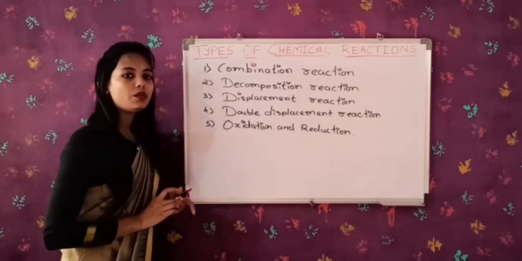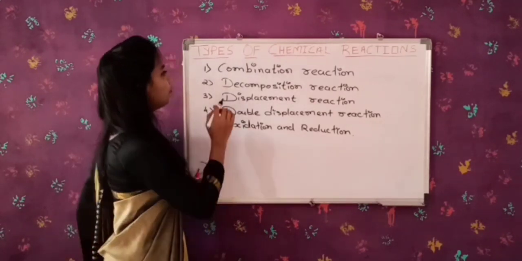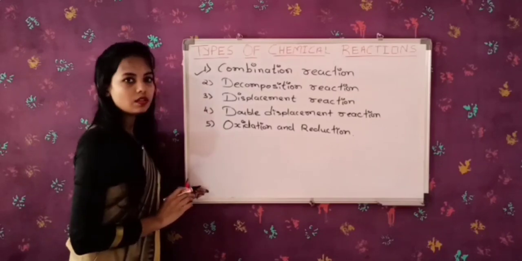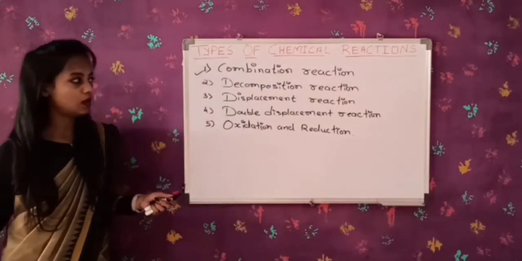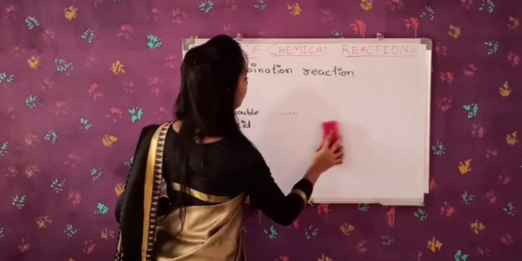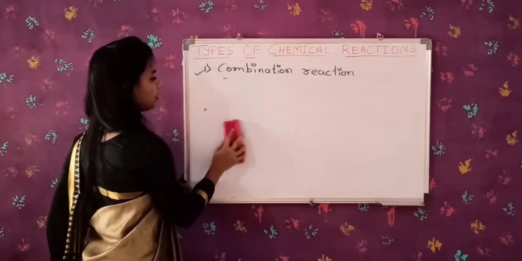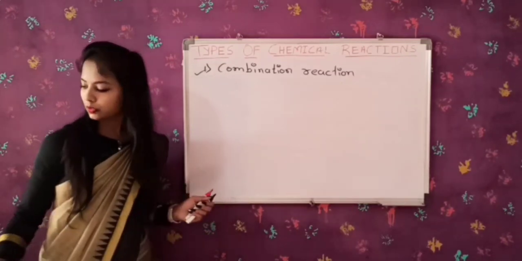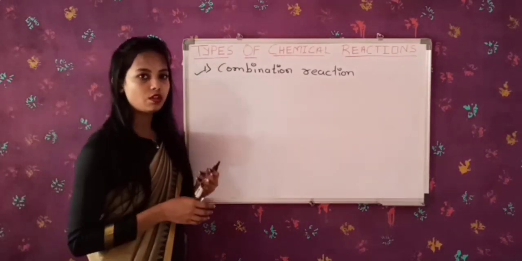So here in this video today we are going to discuss the first, that is combination reaction. So let us start now. First of all, what is meaning of combination reaction? The name itself shows that there will be the combination of the reactants.